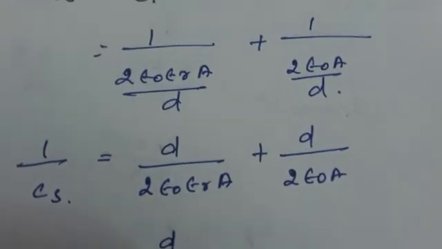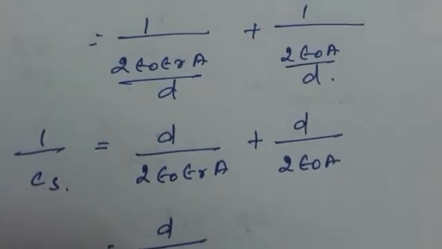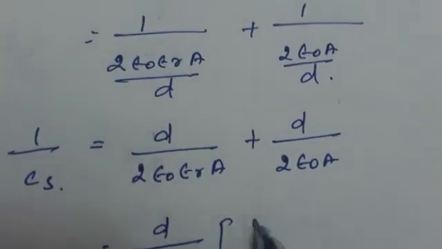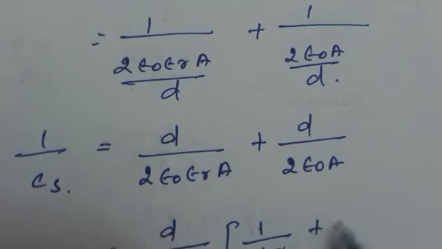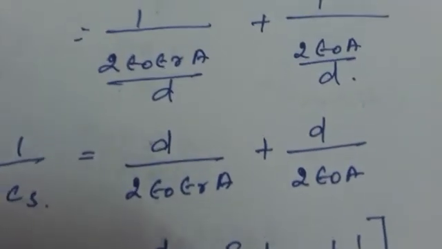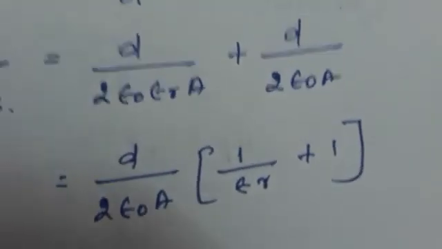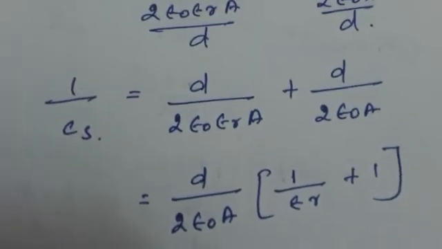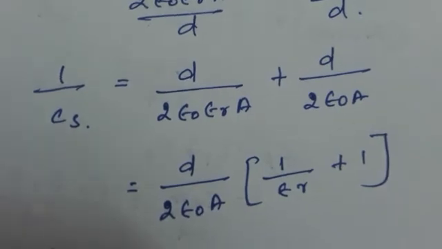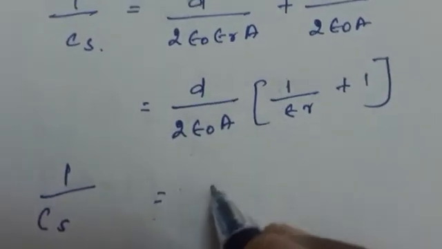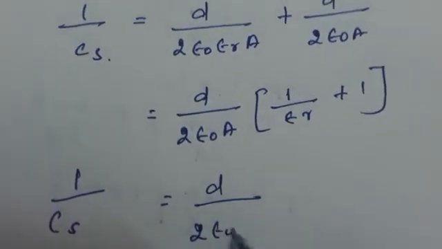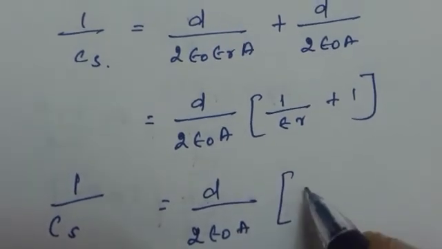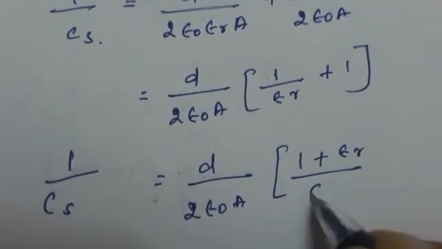Taking all the common terms outside, that is D by 2 epsilon 0 A, you will get 1 by epsilon R plus 1. So 1 by Cs is equal to D by 2 epsilon 0 A into 1 plus epsilon R by epsilon R.